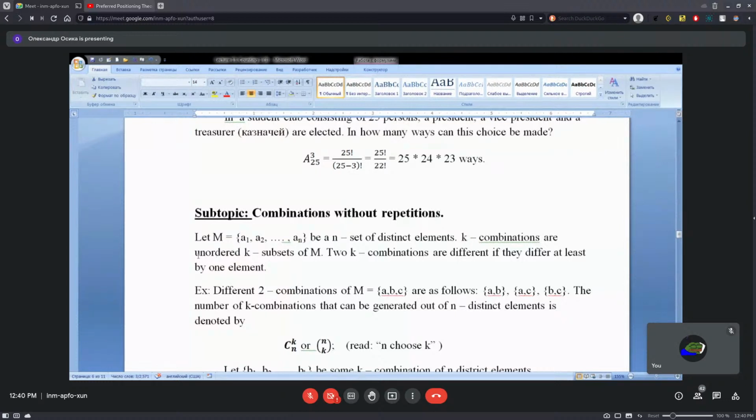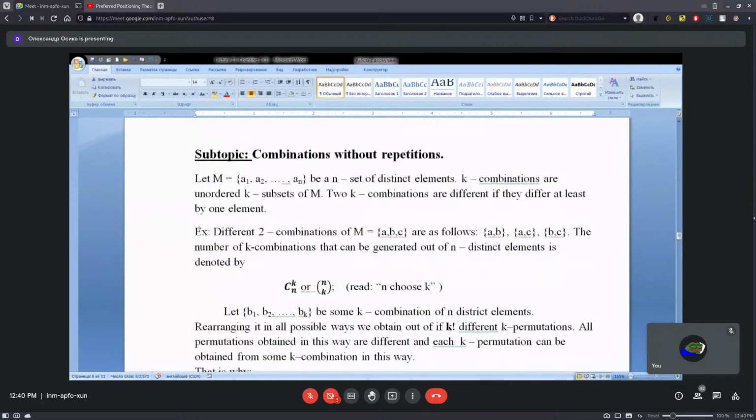K combinations are unordered K subsets of M. Two K combinations are different if they differ at least by one element. Example. Different two combinations of set N, which is ABC, are as follows: AB, AC, BC. Two combinations.